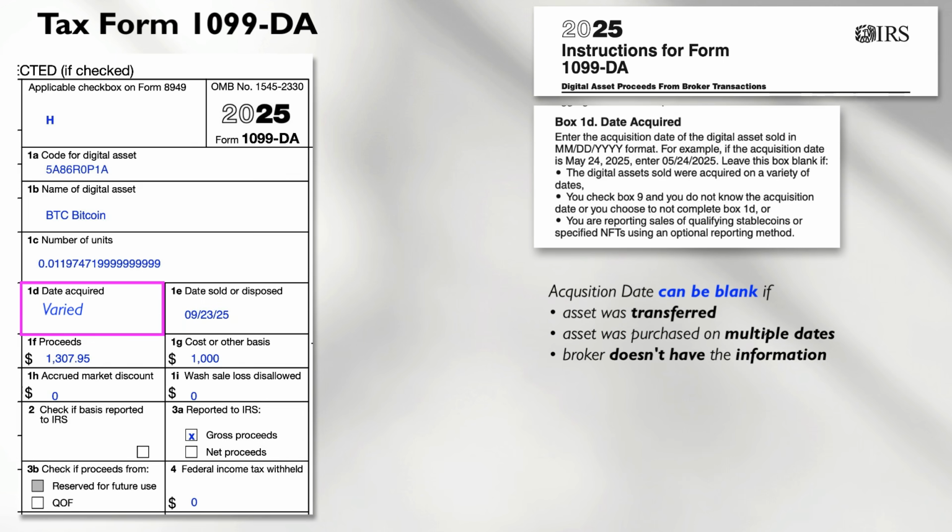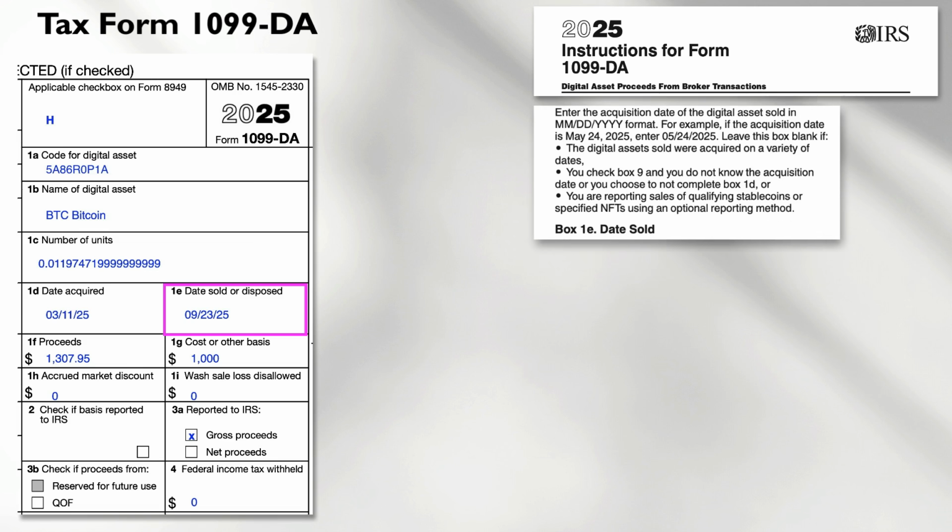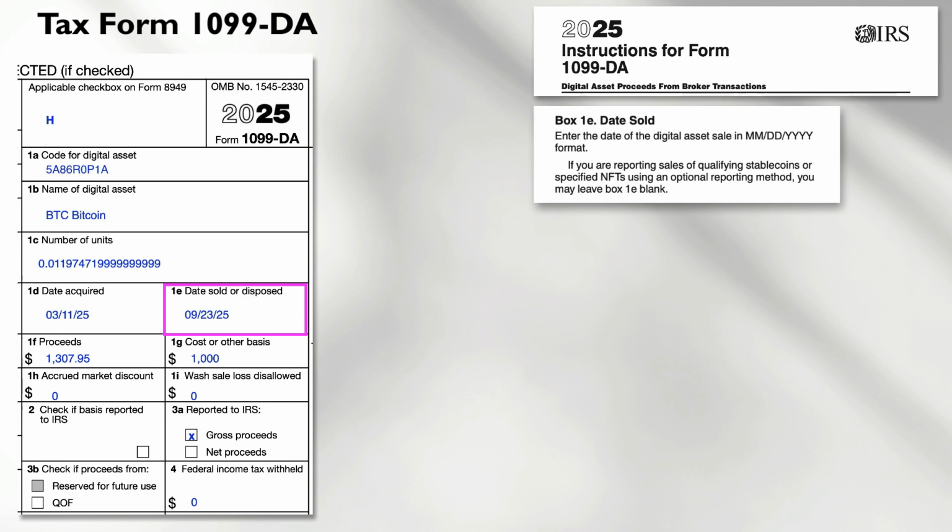It may also show varied if the units were acquired on different dates. In this example, the acquisition date was March 11, 2025. Box 1E shows the date the asset was sold or exchanged. In this example, Lucas sold his Bitcoin on September 23, 2025.